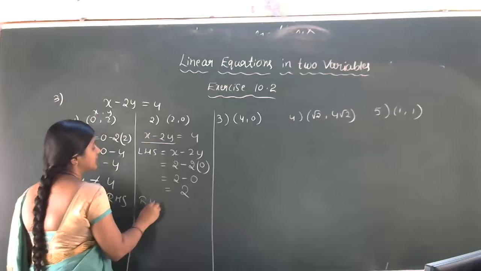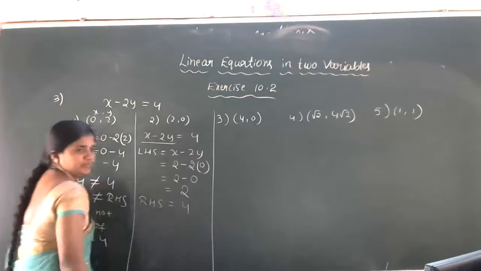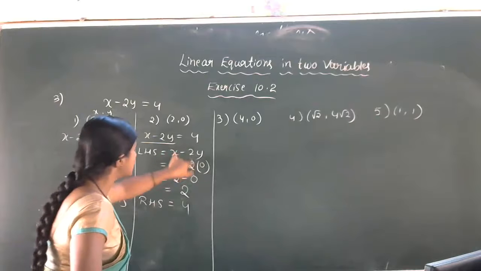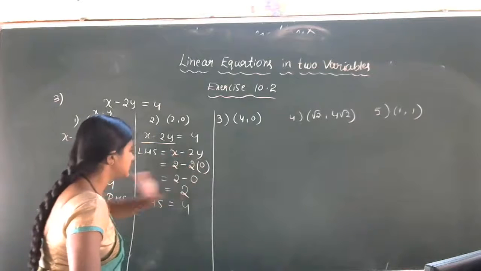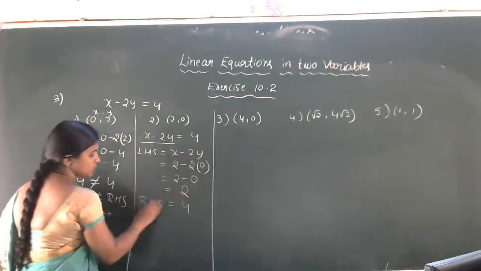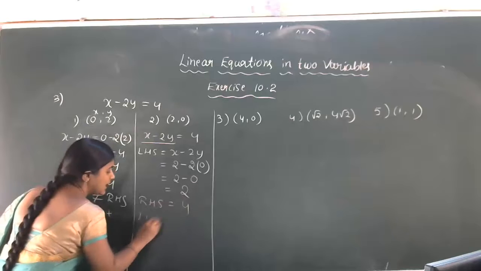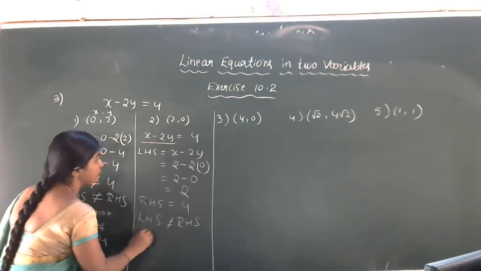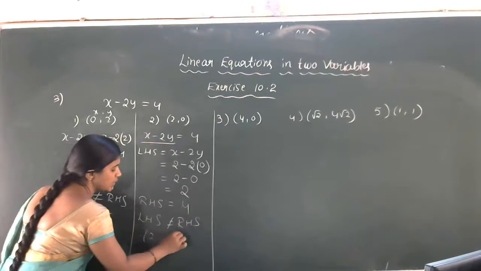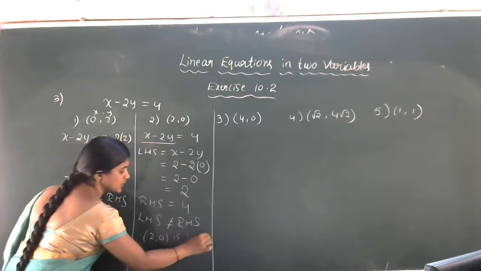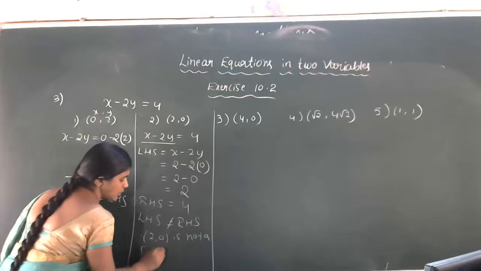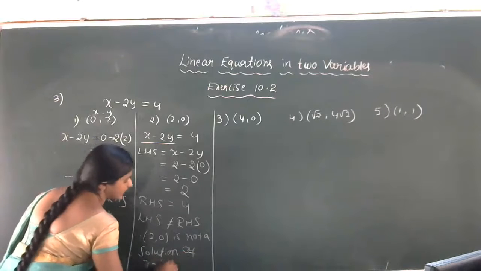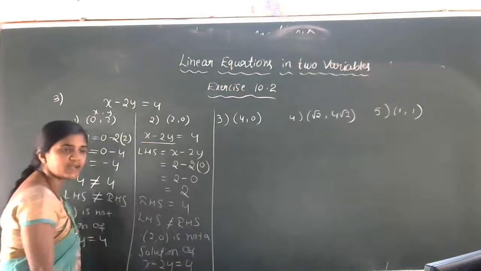We are observing that RHS is equal to 4. Here 2 minus 2 into 0, so 2 into 0 is 0 only. Yes. LHS is 2, RHS is 4. So LHS is not equal to RHS. Therefore, 2 comma 0 is not a solution of x minus 2y is equal to 4. Got the idea of this one?